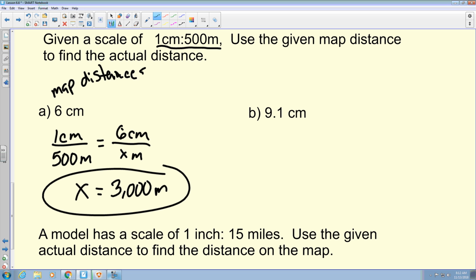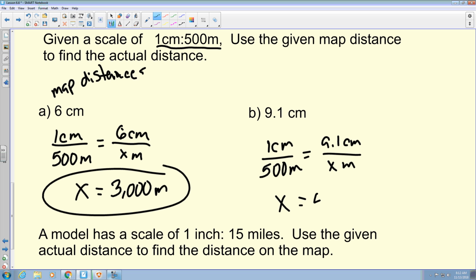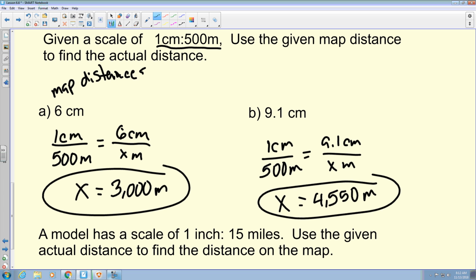Same thing here with 9.1 centimeters. Let's write the scale factor first: 1 centimeter over 500 meters equals 9.1 centimeters over x meters. Again, 1 times x is x, and 500 times 9.1 gives me 4,550 meters.